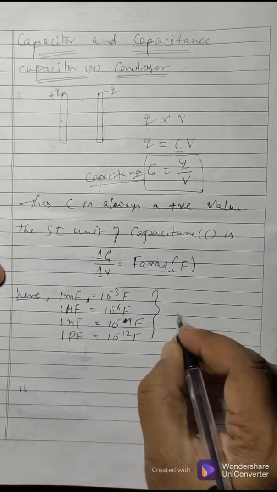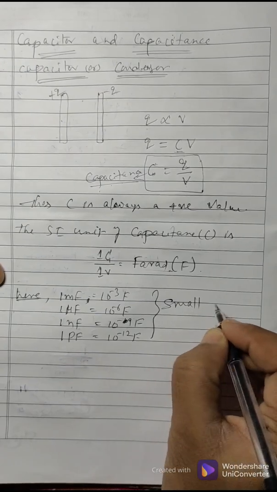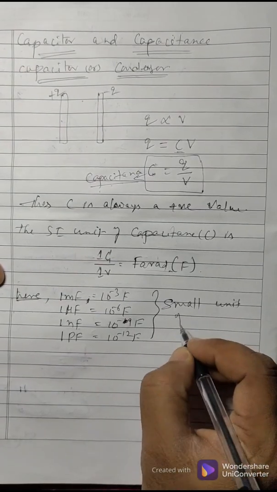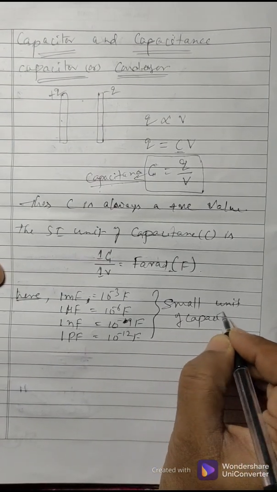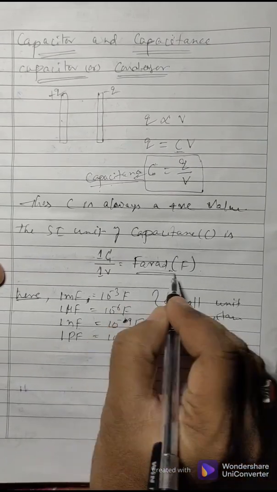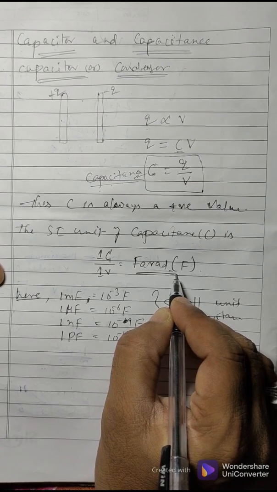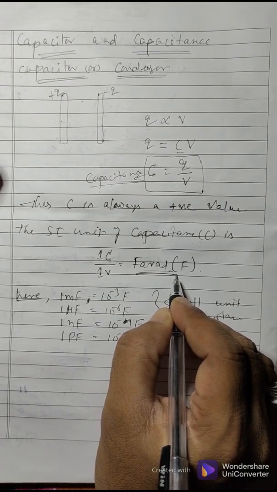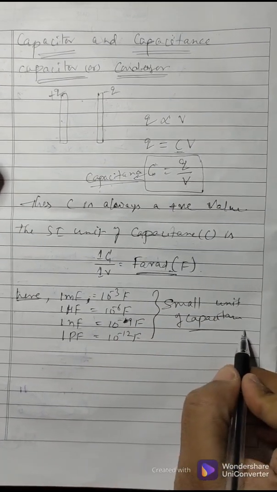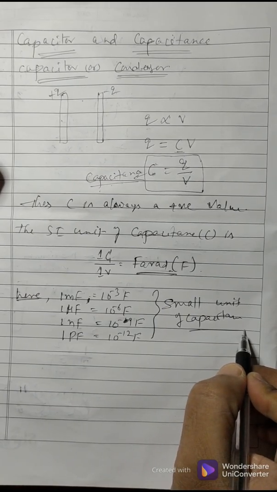So these are all the smaller units of capacitance. 1 farad is a very big unit, which we don't actually use that much, so for that purpose we take these smaller units.